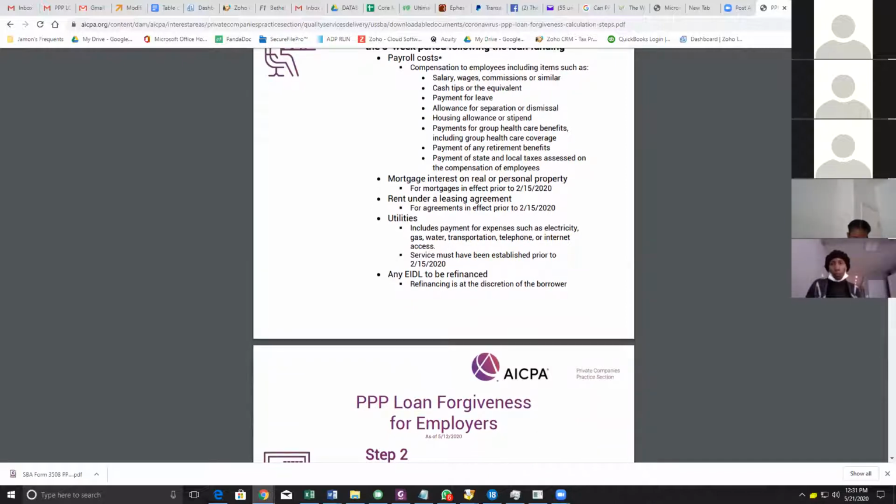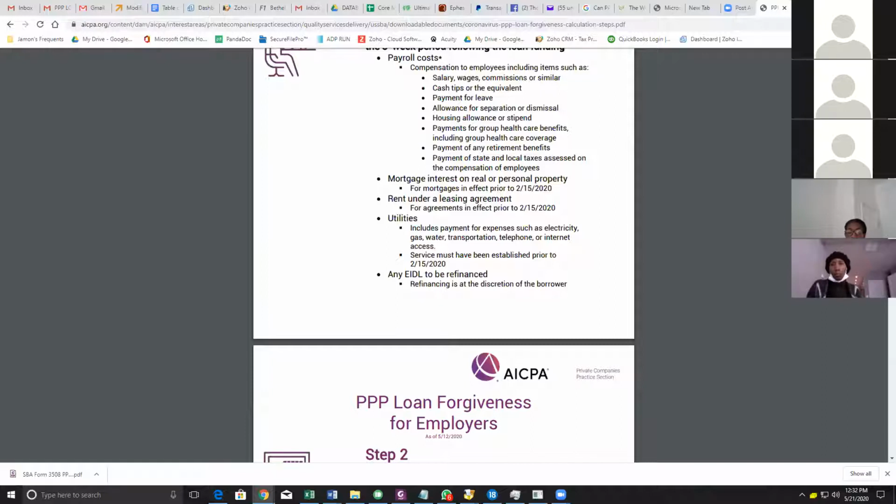If you applied for the EIDL prior to March 30th, SBA is requiring that you sign back into your portal and reapply if your SBA number started with like 2. So if you haven't heard anything about the EIDL loan and you applied prior to March 30th, you might want to reach out to SBA or go back into your portal so that you can resubmit.